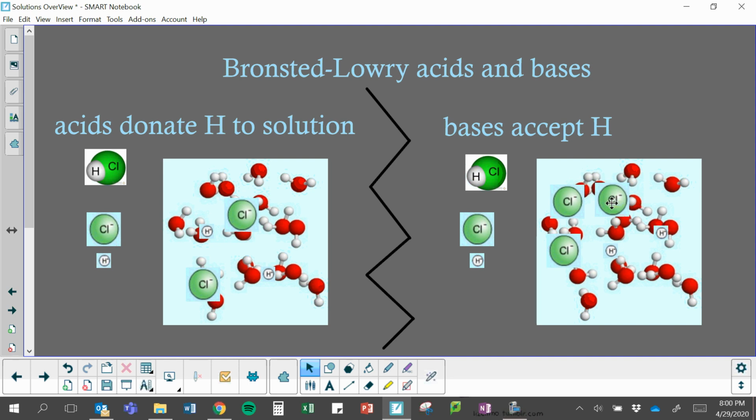So just because it's not an OH doesn't mean it can't also bond to this hydrogen, making it pretty much, you can kind of think of it as like taking the hydrogen out of play. If it's bonded, it can't interact or react with any other thing, which is the idea behind acids and bases.